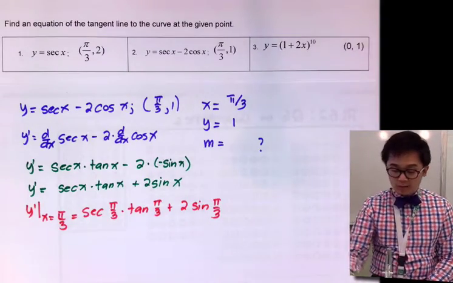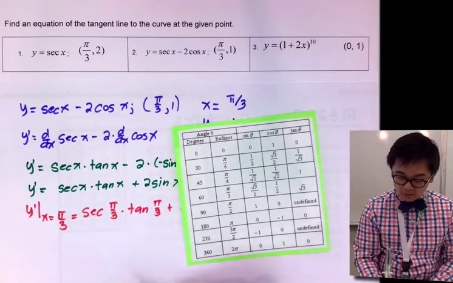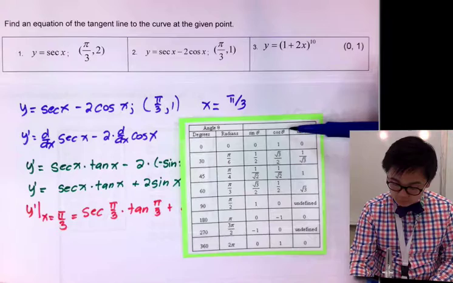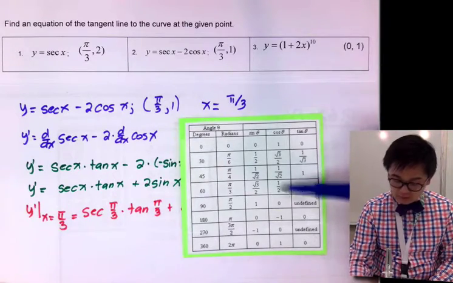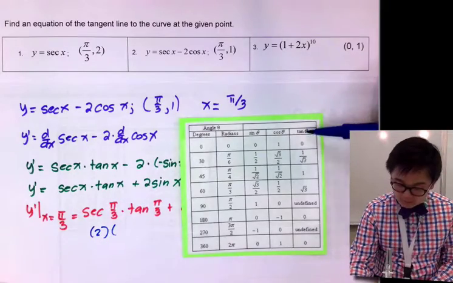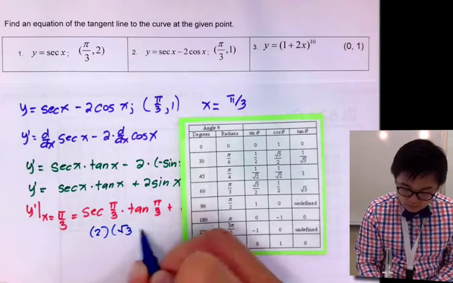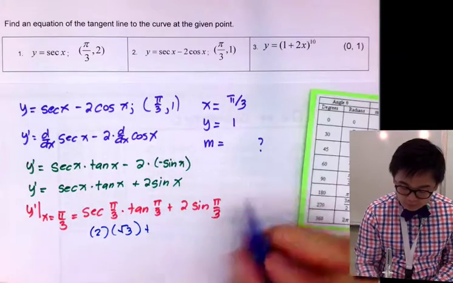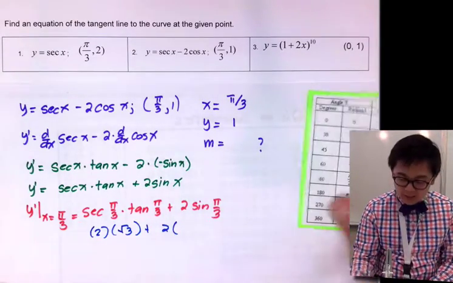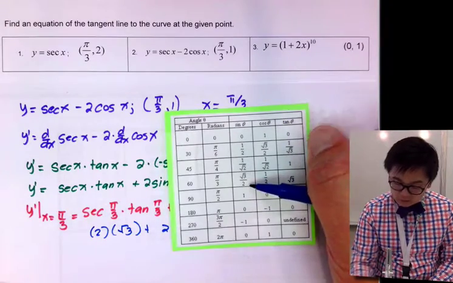And using our values once again, we know that secant pi over 3 is the reciprocal of cosine pi over 3, which is 2, multiplied by tangent pi over 3, which is square root of 3, added to 2 times sine pi over 3. And sine pi over 3 is square root of 3 over 2.